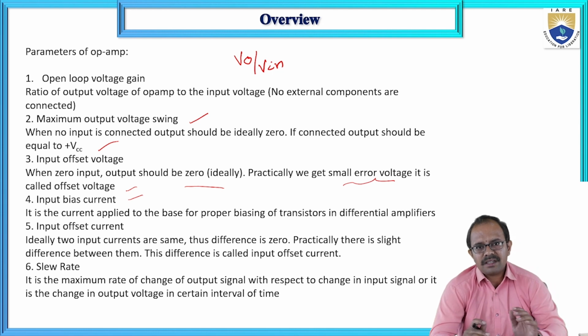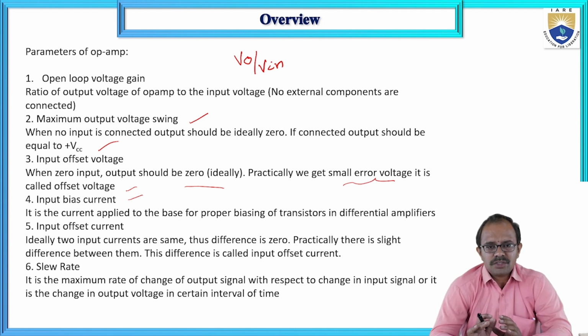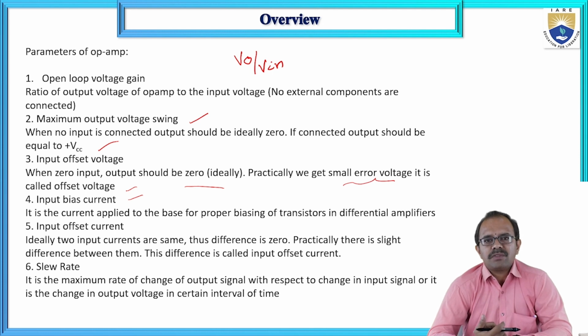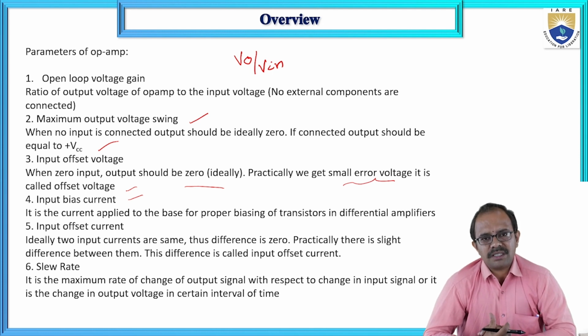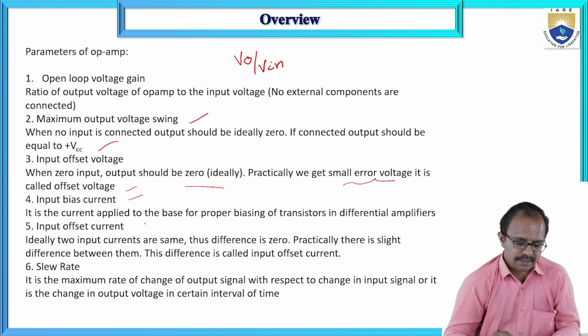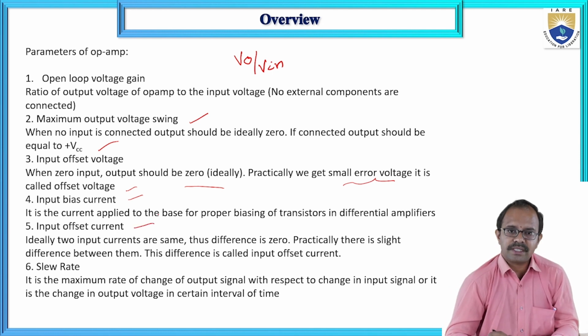So the transistor needs to be operated in the active region to behave like an amplifier. We need to provide some satisfactory biasing values, nothing but the biasing current, which is called the input biasing current.